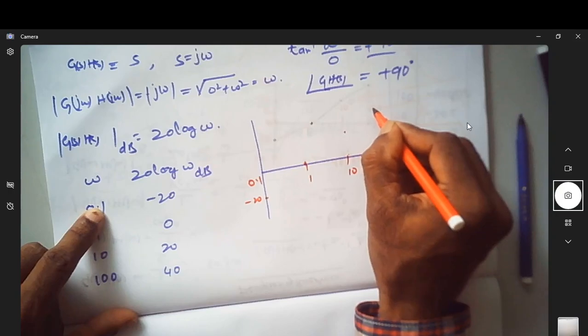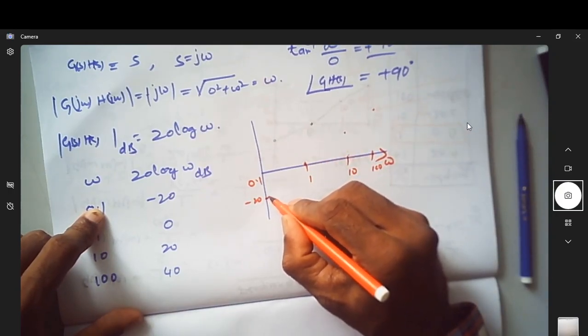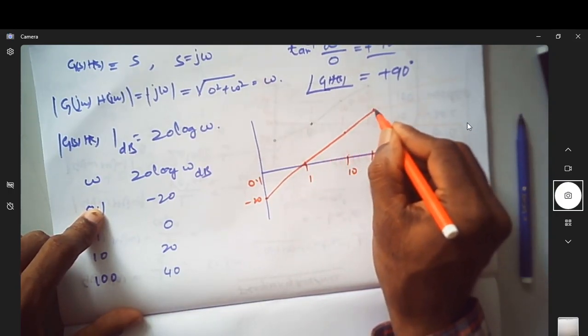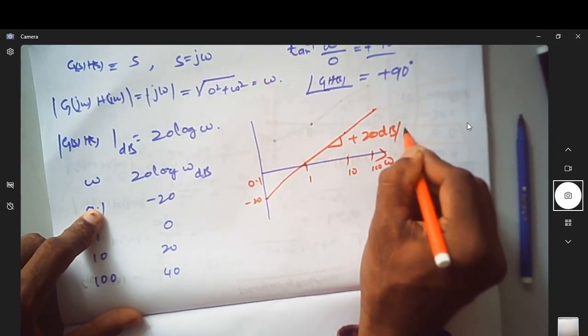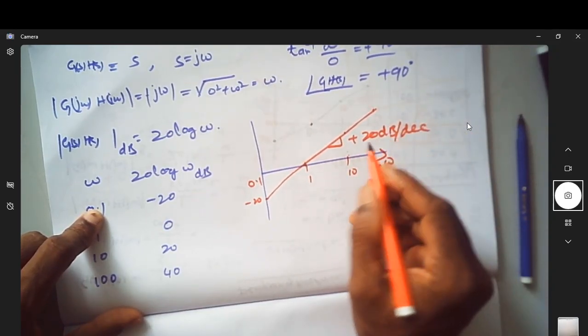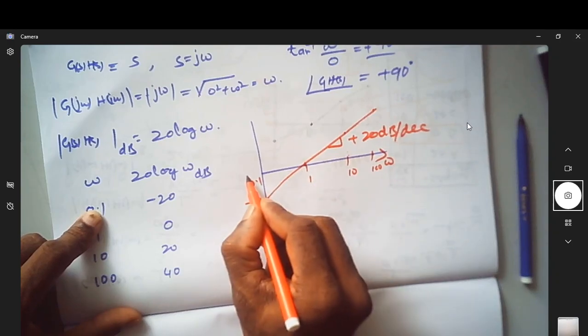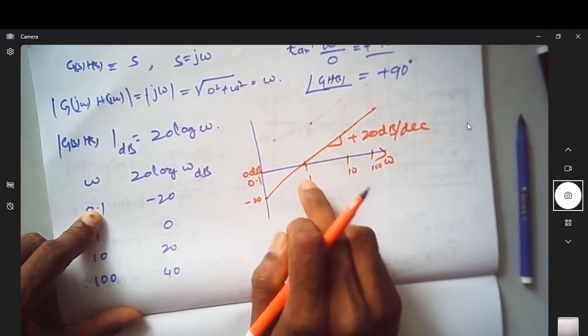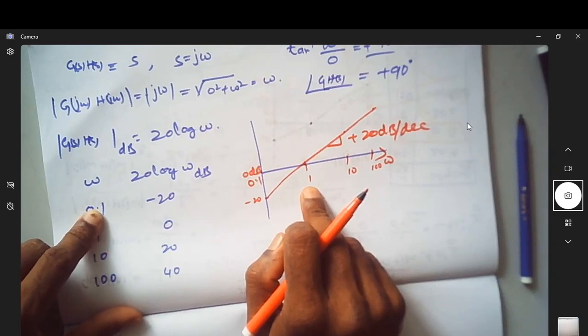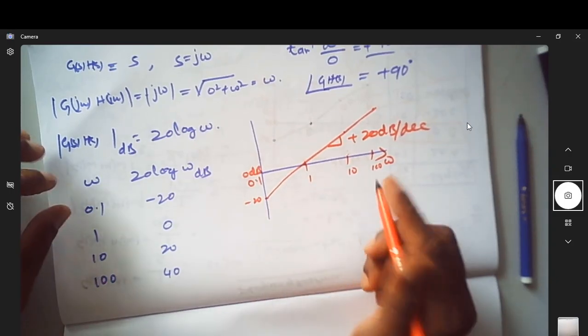At 100 it is plus 40. So it will be a line with a slope of plus 20 dB per decade. This line is crossing 0 dB when omega is equal to 1 radian per second.